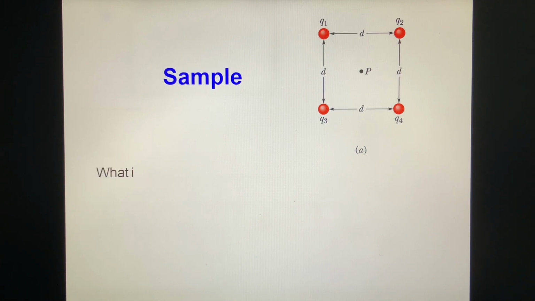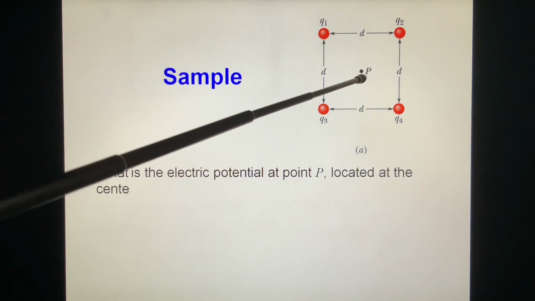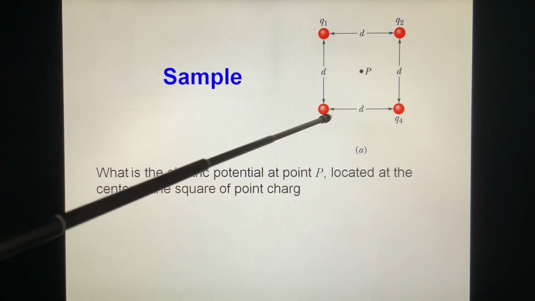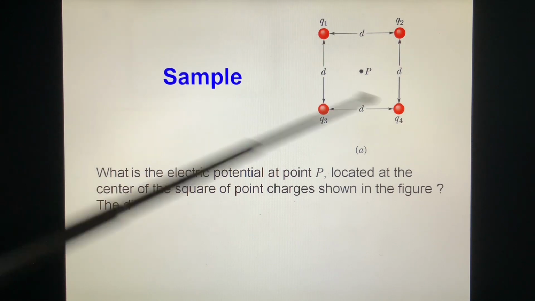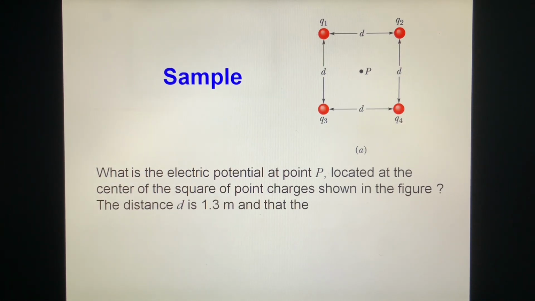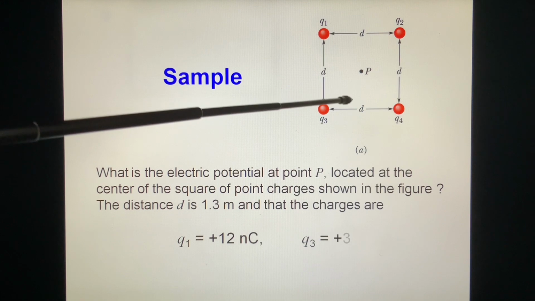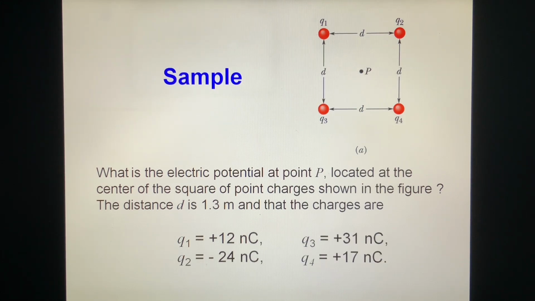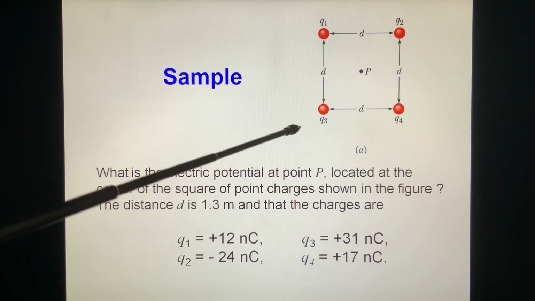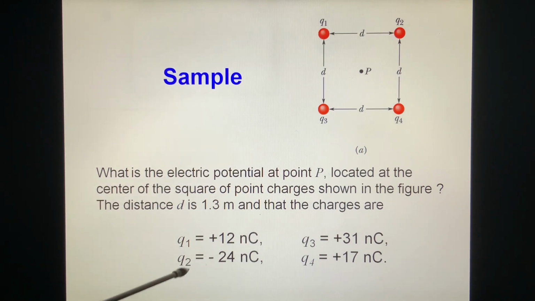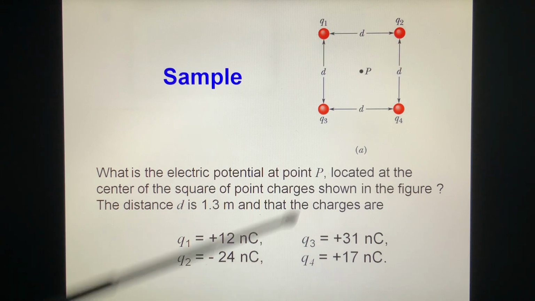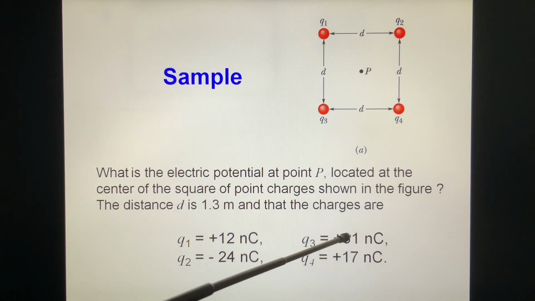Sample. What is the electric potential at point P, located at the center of the square, due to the point charges shown in the figure? The distance D is 1.3 meters, and the charges are Q1 12 nanocoulomb, Q2 minus 24 nanocoulomb, Q3 plus 31 nanocoulomb, Q4 plus 17 nanocoulomb.